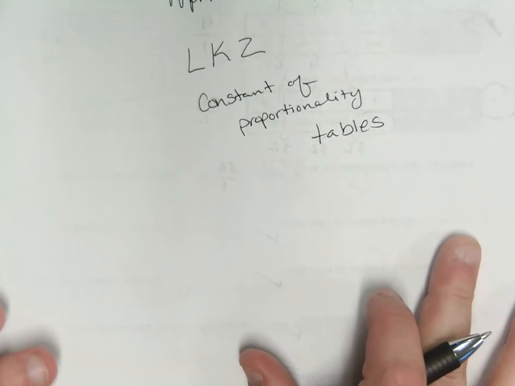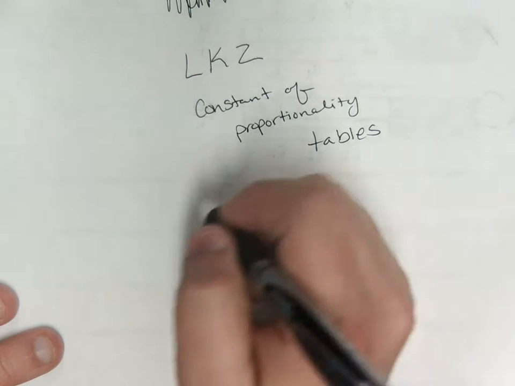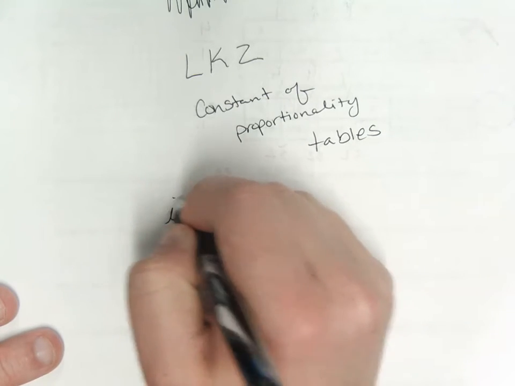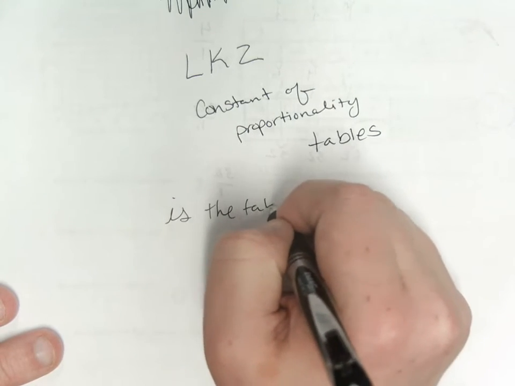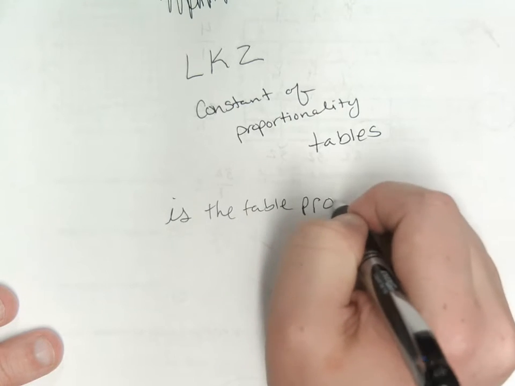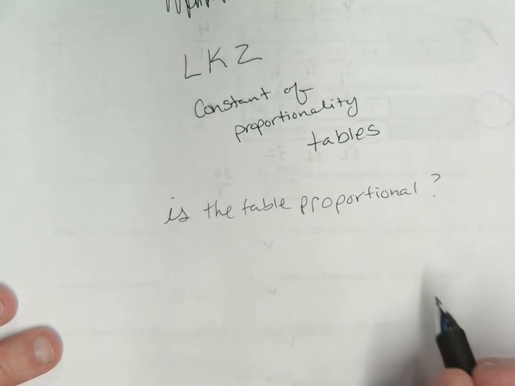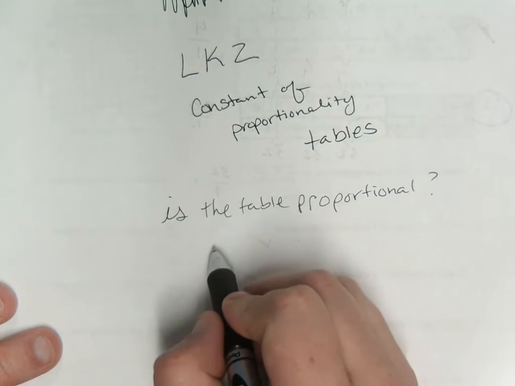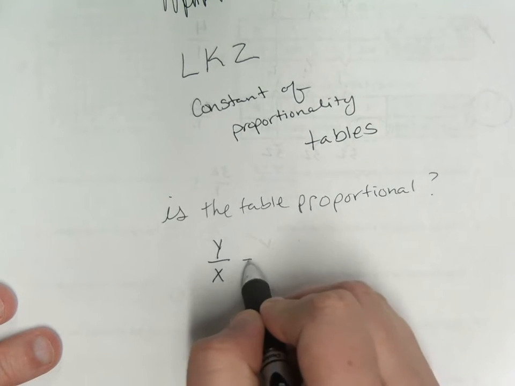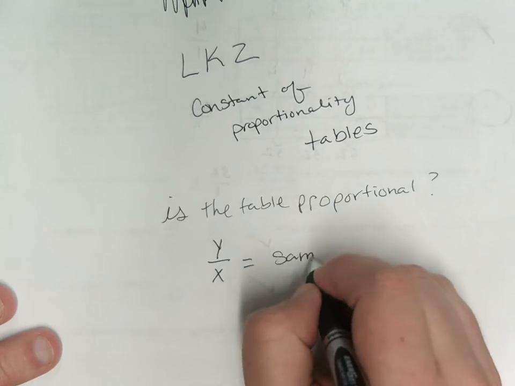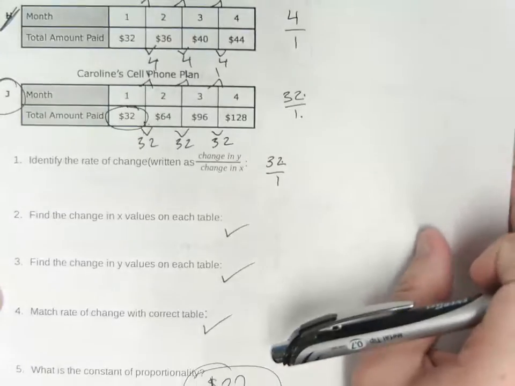Okay, so you're going to do what we did on that last one. There are going to be questions where it asks you, is the table proportional? Okay, it's proportional if when I divide all the y over x's, they're all the same. So I need to divide each one. I'll give you an example here on the one we just did.